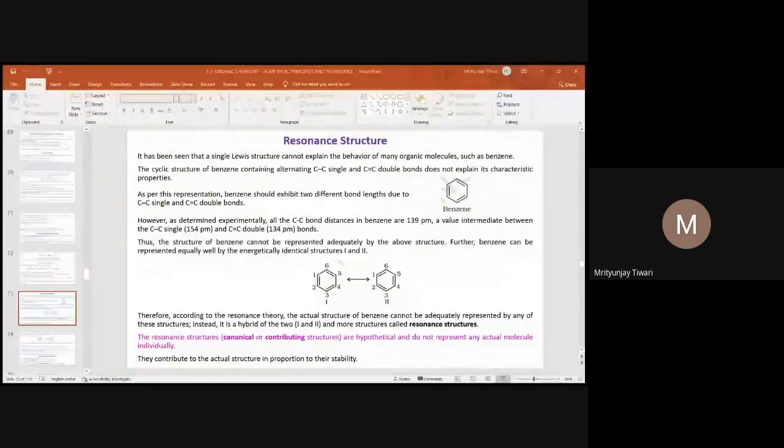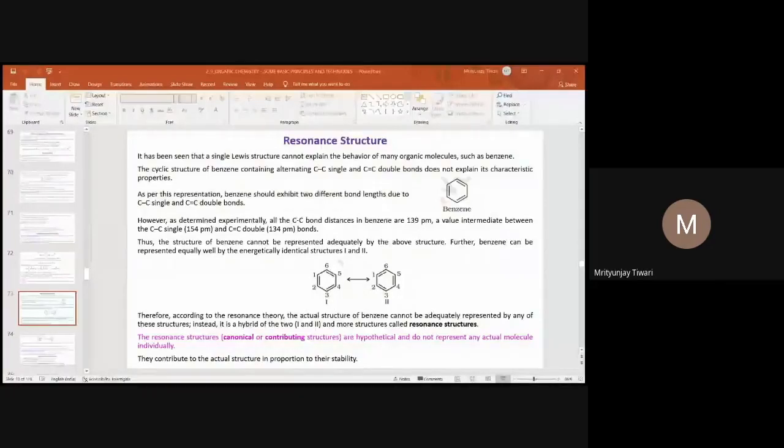Then the third rule is that the net charge on all the atoms of a resonance structure must be constant throughout all the resonating structures. Suppose there is zero charge on one molecule, so in all the resonance structures there will be no net charge on this molecule. Even if charge separation occurs, the net charge, summing up all the charges, must always be zero in all the resonating structures.